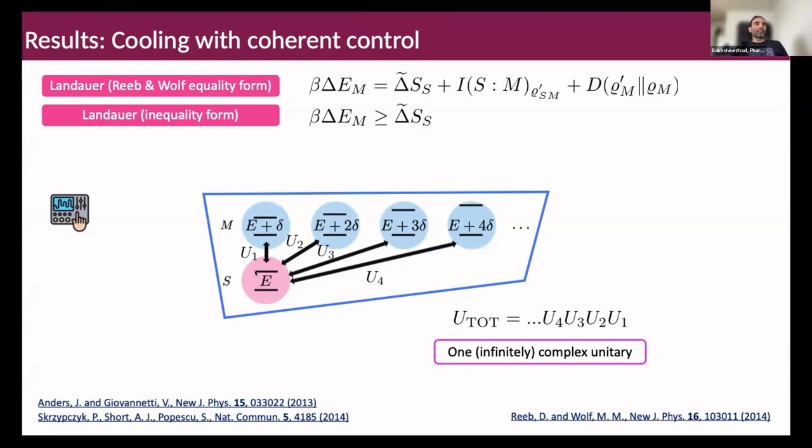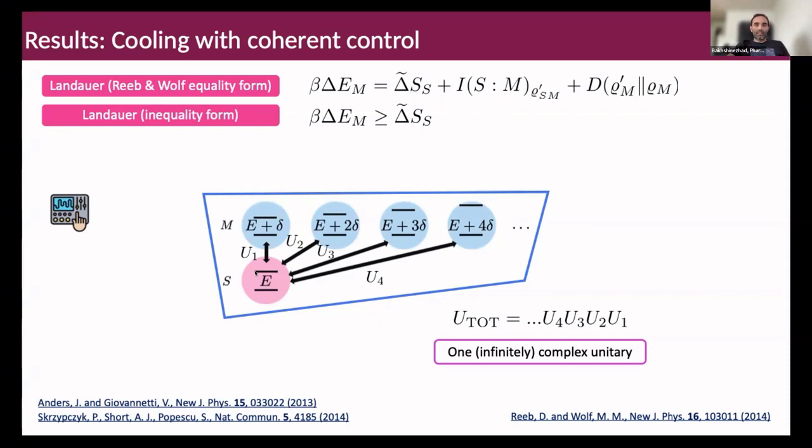You can do similar things and reach the same energy cost, the Landauer cost. Also, since you are using one unitary, the time is one, so you are doing it in finite time. But in this case, the complexity is infinite. But in both cases, you can have the Landauer cost.